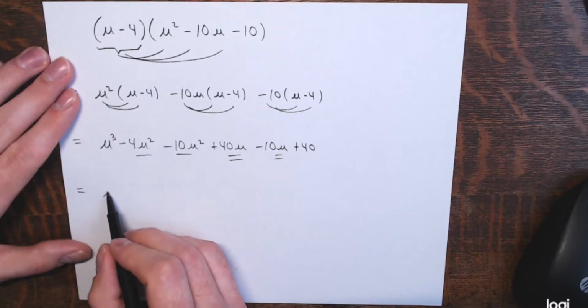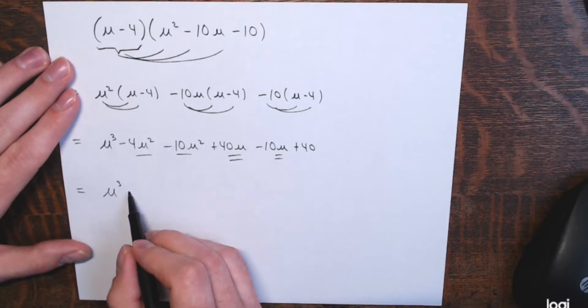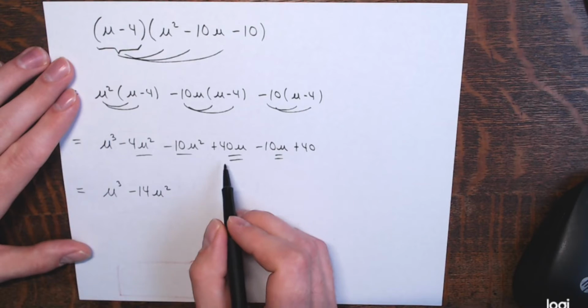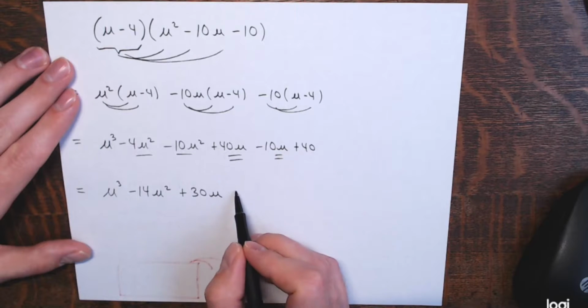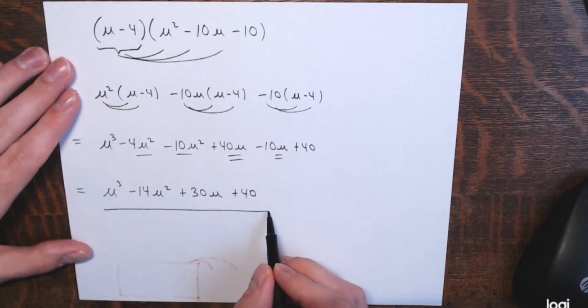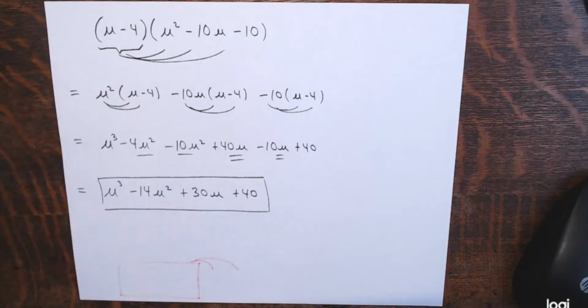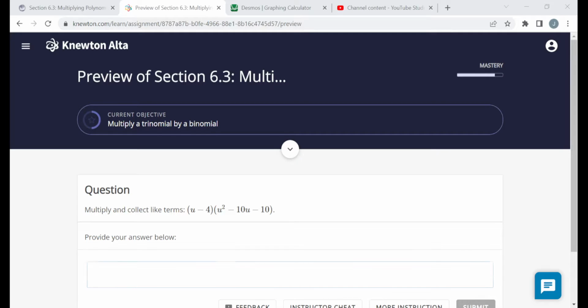I end up with u cubed minus 14u squared plus 30u, and then plus 40. And there's your final result there. None of those terms are like. So u cubed minus 14u squared plus 30u plus 40. That should be good.